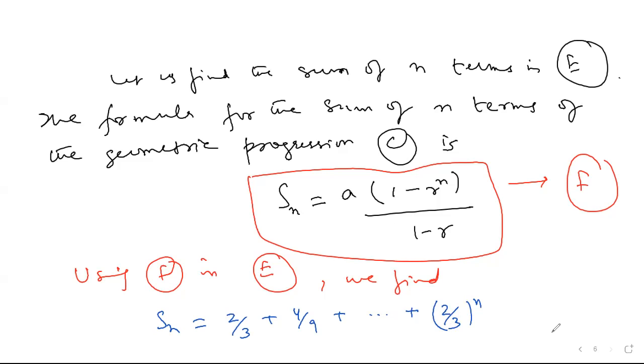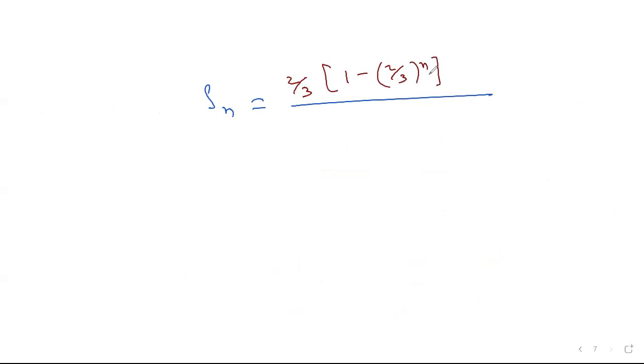So let us use this formula. What we get, Sn is equal to 2 by 3 times 1 minus 2 by 3 raised by n over 1 minus 2 by 3.